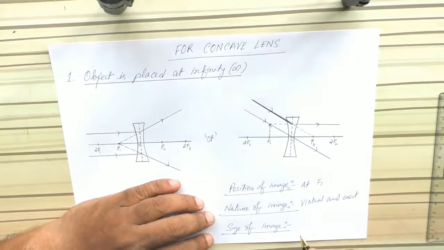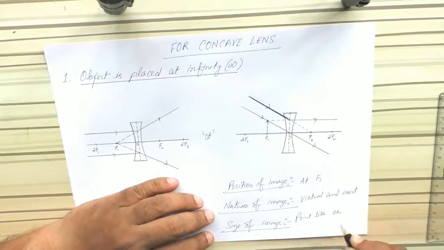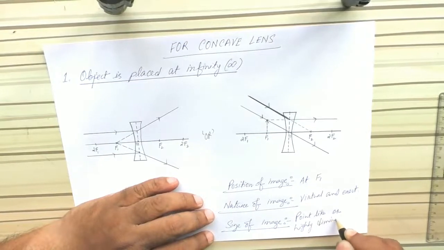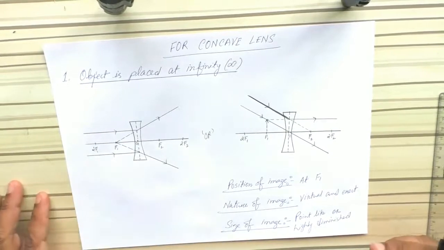And the size of image is point-like, or we can say highly diminished.